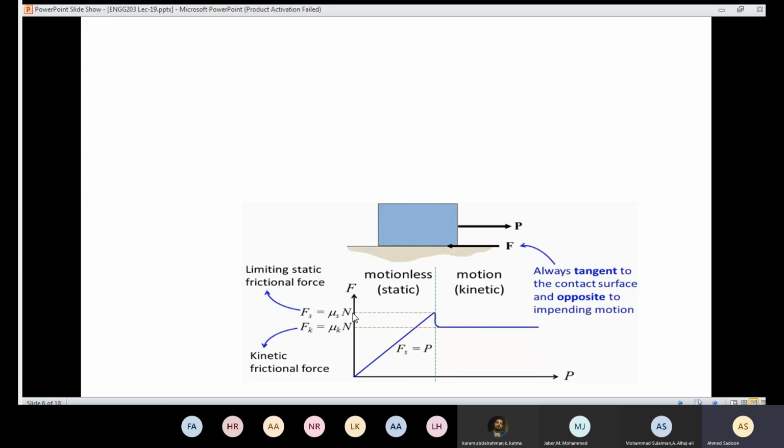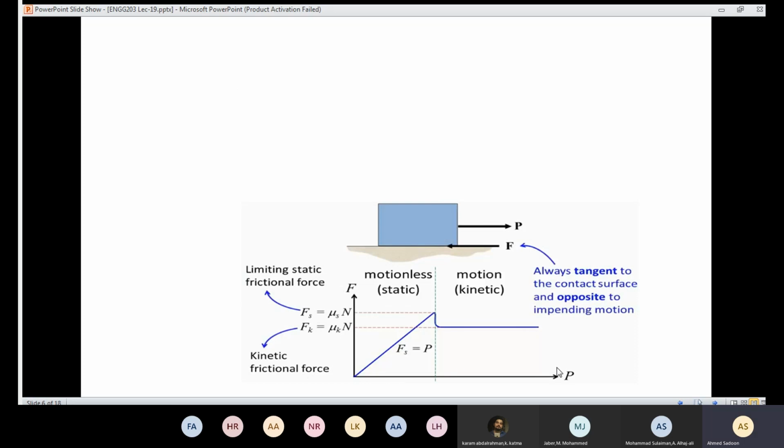Also, to understand the mechanism of dry friction, we are going to see the relation of P and F. So again, if I have a box here, I have the applied force. Assume that I apply that force slowly: 1 kilonewton, 2, 3, 4, and so on.